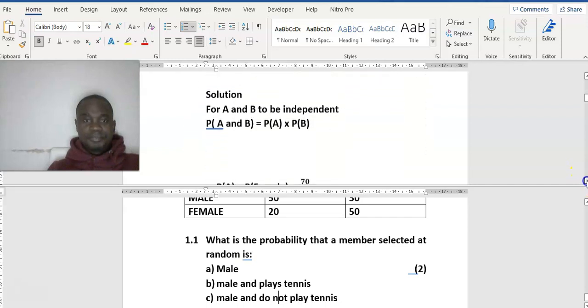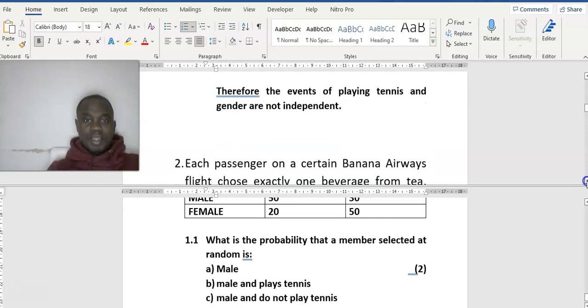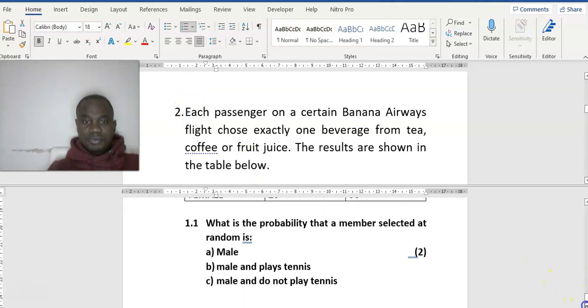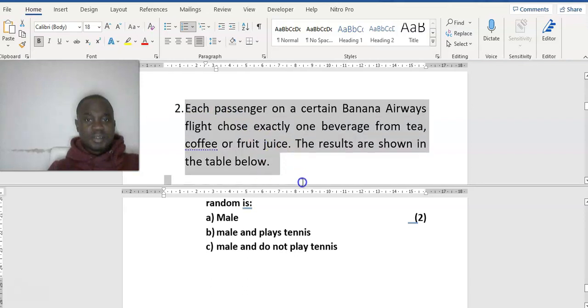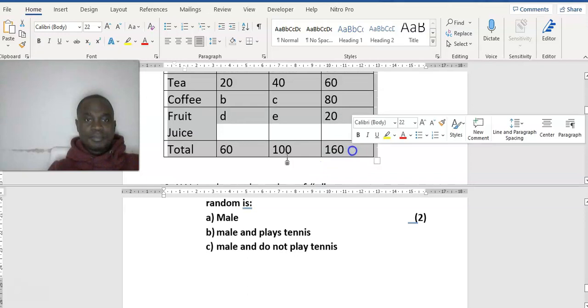Then our next question is going to be this one. Question number 2. Your question number 2 is this one.